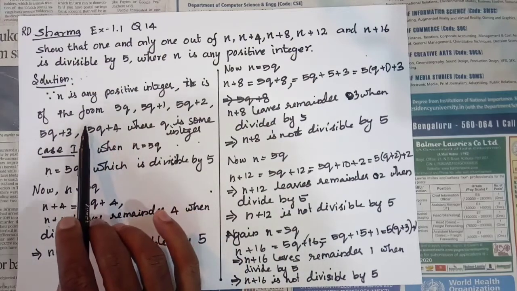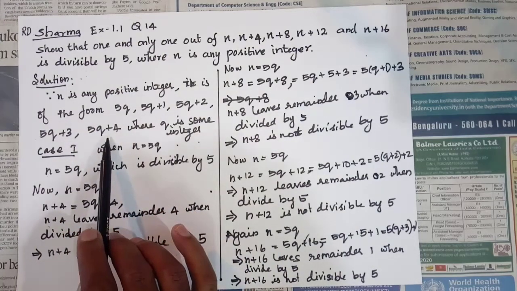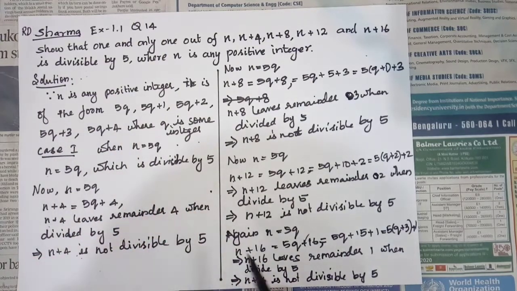Case 5 is when n is equal to 5q plus 4. Like that, we have to write 4 more cases in the similar pattern. I'm leaving it to you as an exercise or practice to complete the answer. You can copy this and complete the answer.